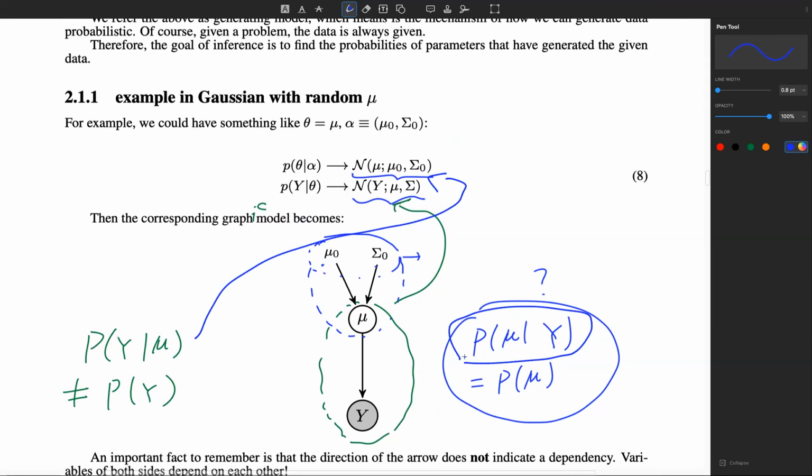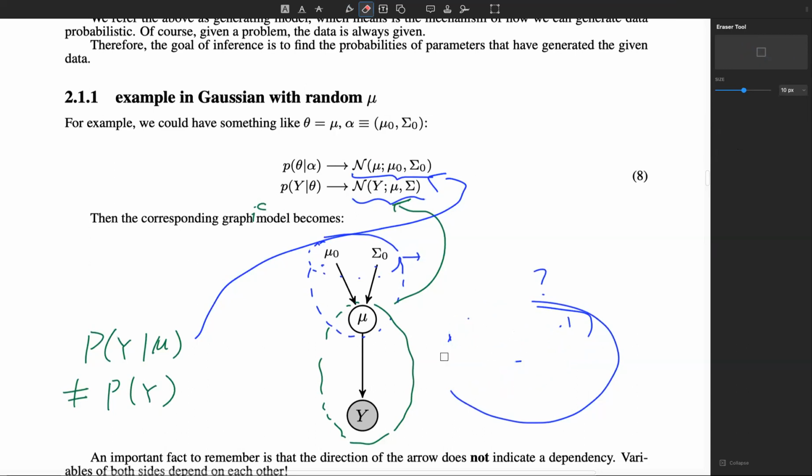How do you get P of mu conditioned on Y? Bayes theorem, just Bayes theorem. That's why you only need to specify one direction. The other direction is automatically computed. You can't specify two directions. It doesn't work. They might not match.